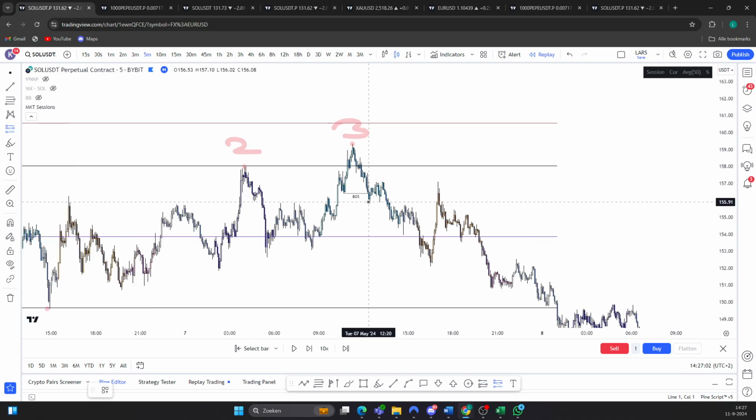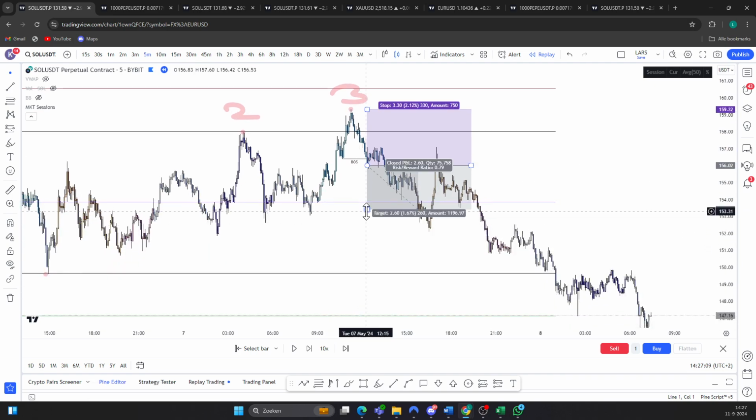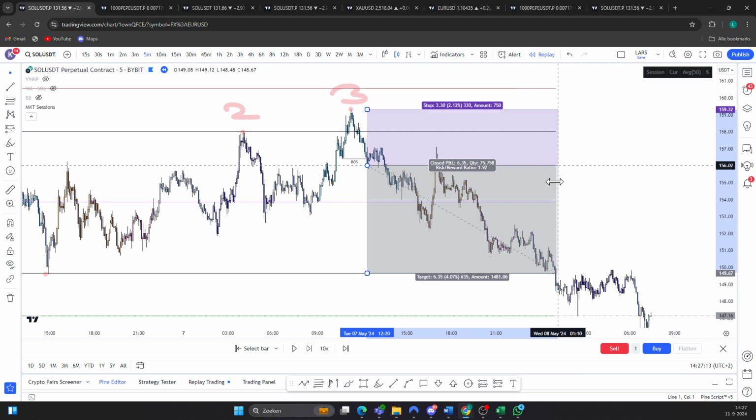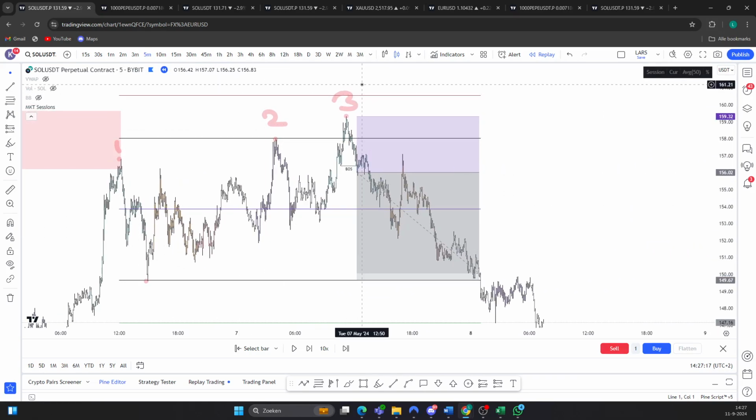So what do we do? We can enter on the break of structure. We put our stop loss above our third tap high, and we target our range low. Look at that, guys. A TCT Model 1 distribution, where we have each deviation going higher than the previous one, staying in our DL limits, okay?